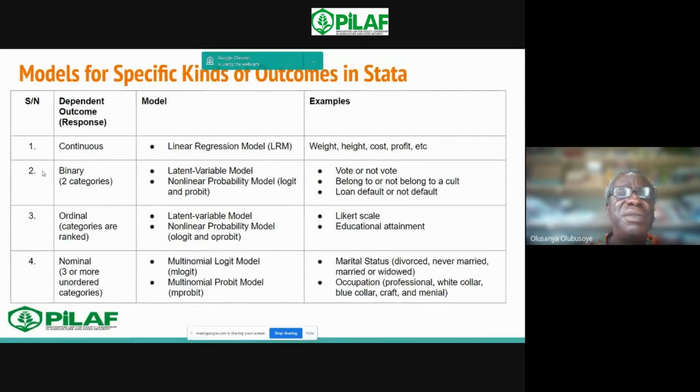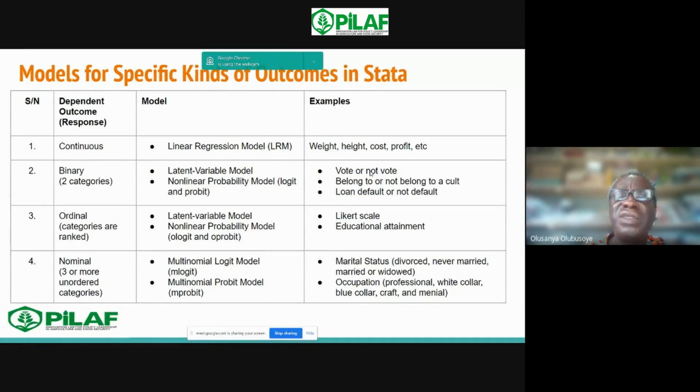The second type of dependent outcome is the binary, where you have two possible outcomes, like whether the citizen voted or did not vote. They are not measured, but they are categories.